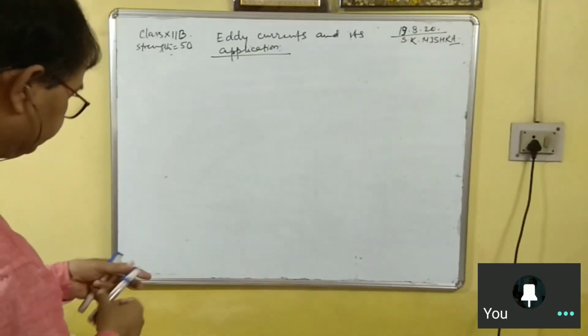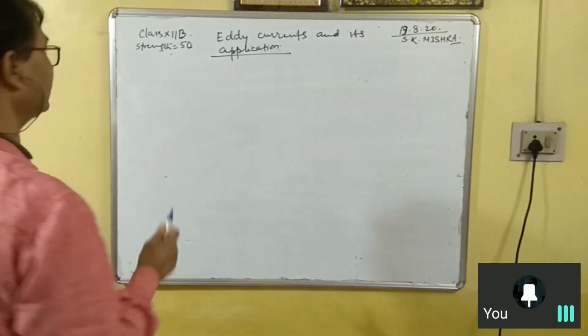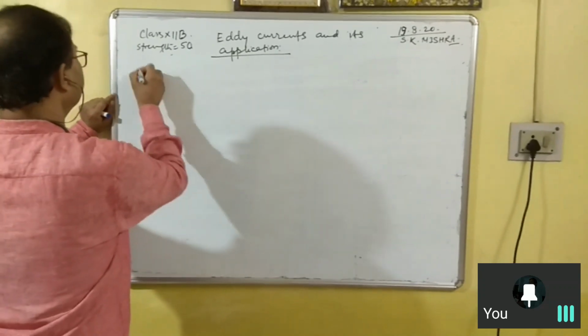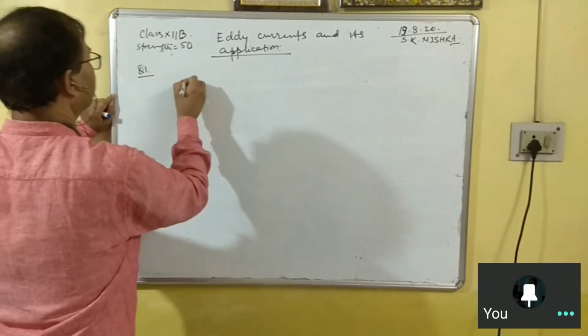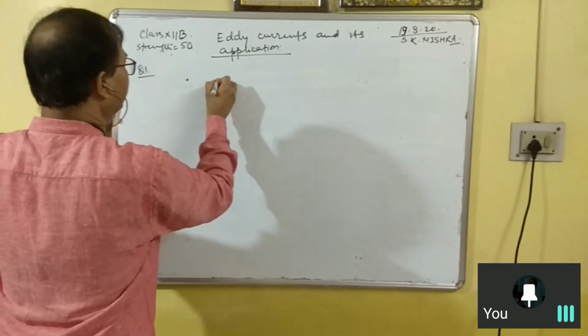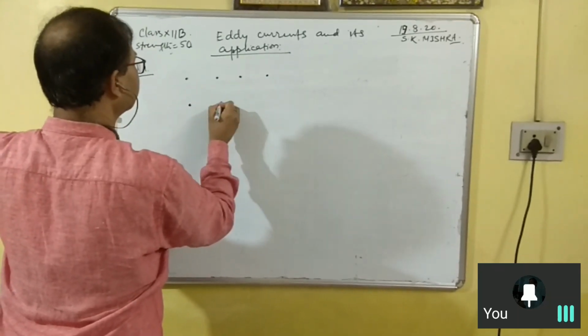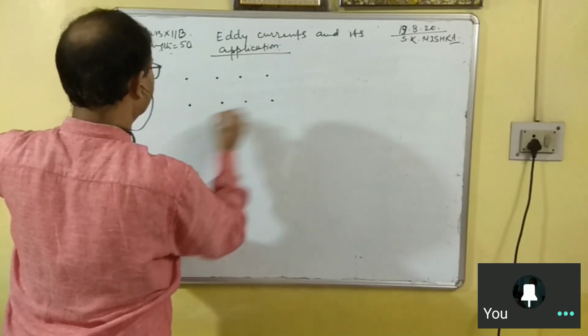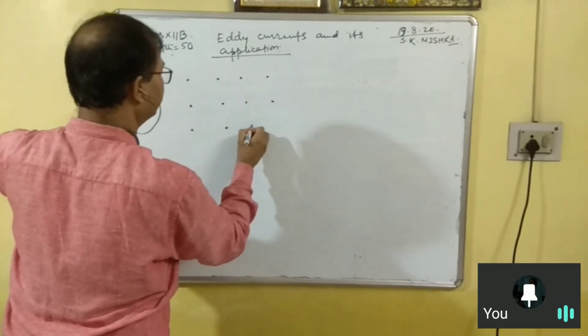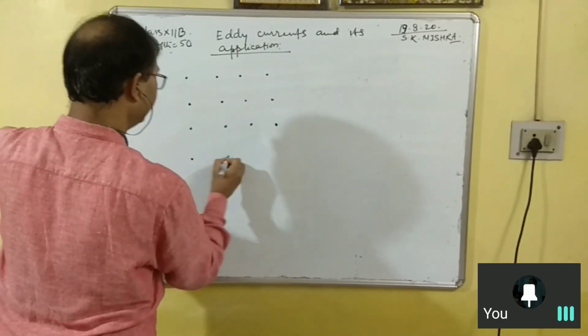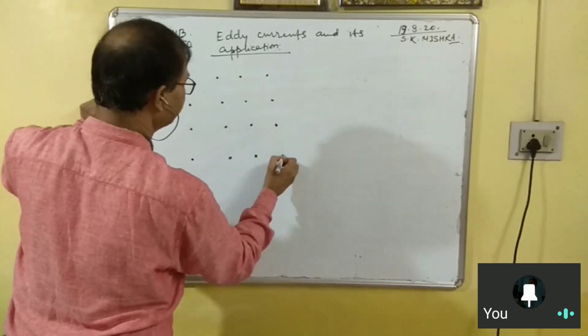Now, the numerical we are discussing, you have a magnetic field. This is not the numerical based on eddy current. Rather, we are discussing this numerical since it is very interesting and is done in your textbook.